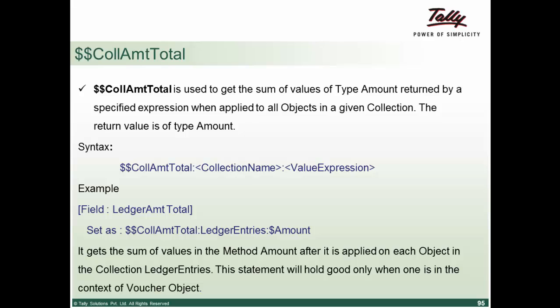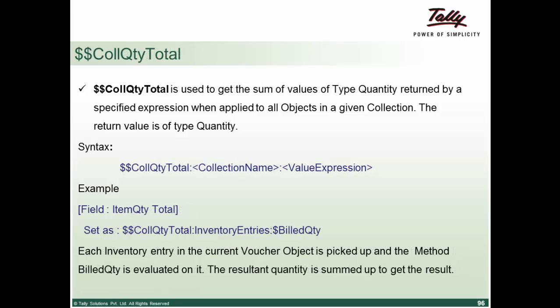Now coming to call AMT total. This particular function helps us to bring a summarized amount based on the collection specified. Again, it is specifically to sum the values of type amount. So the expression value that you provide has to be of type amount. Similarly, if you have quantity total, it has to be of type quantity.